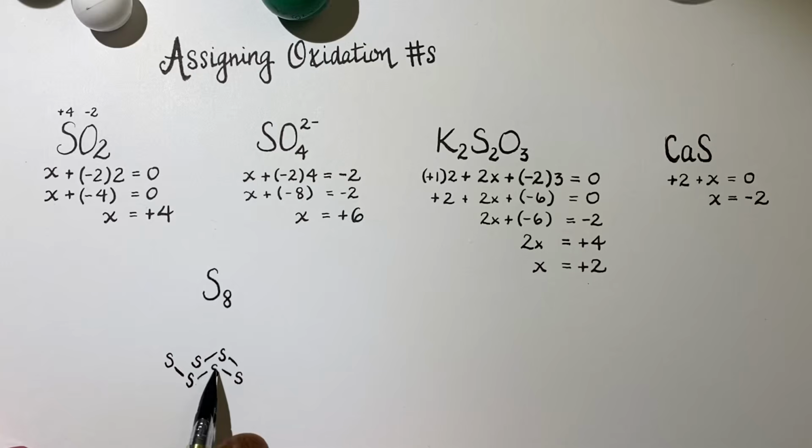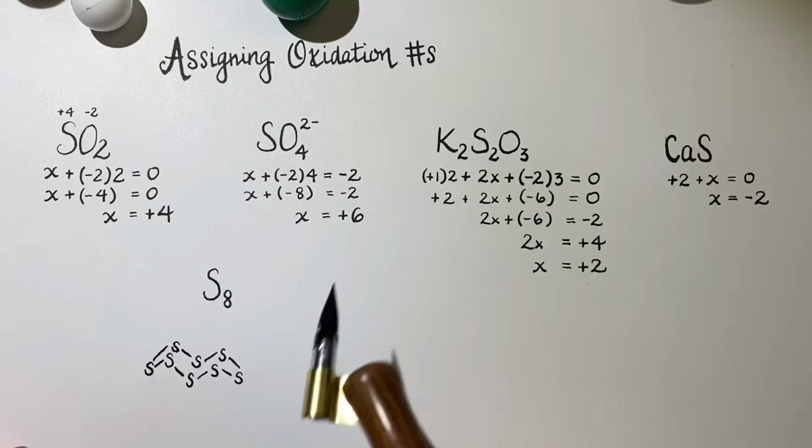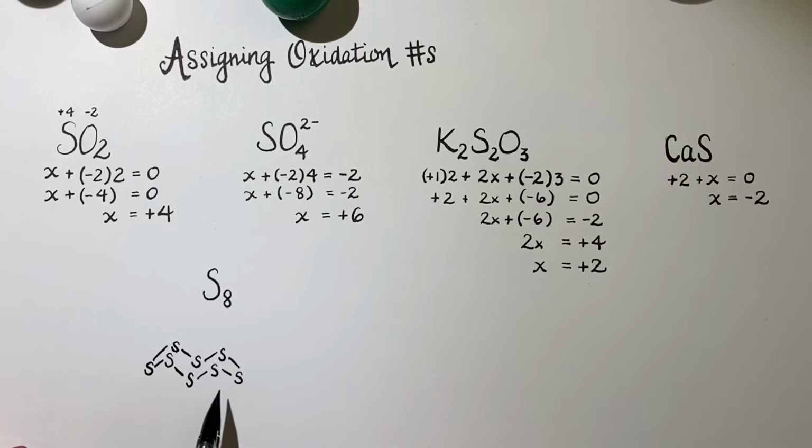Okay, 1, 2, 3, 4, 5, 6, 7. There needs to be another one. I'll put it here. Yes. Oh, it's gonna work. Okay, good. So it makes a ring. So here I did kind of a side view, but if you looked straight down, bird's eye view, it would look a little bit more like an octagon. But anyway, this is how sulfur exists as an element.